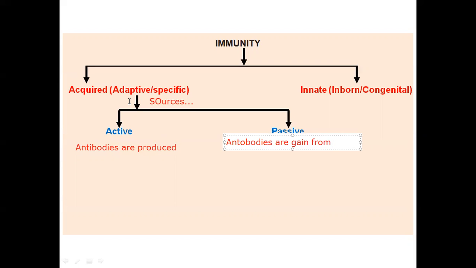So if the antibodies are produced inside the body, that is known as active acquired immunity. When antibodies are not produced by the body but are gained from sources other than the self body, that is known as passive acquired immunity.